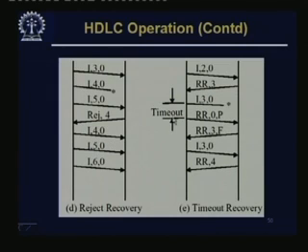Similarly, for timeout recovery, say I30 was sent and was never received. After some time it timed out, so some recovery frame is required. It sends a receiver ready frame, and then I30 is transmitted again.